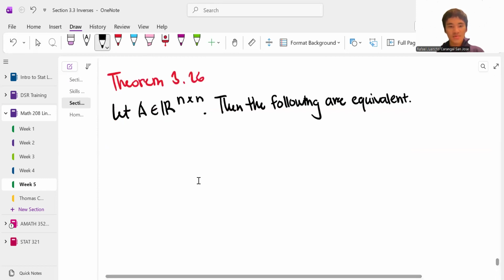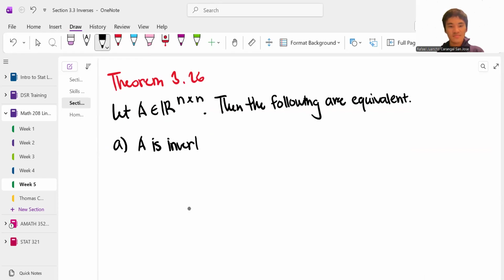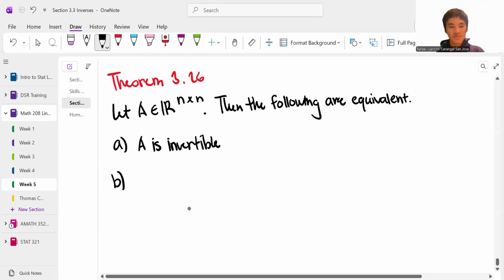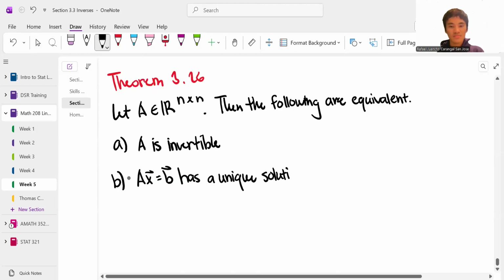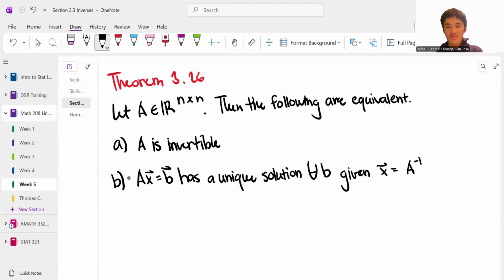Let's look at that. Our first statement: A is invertible. Our next statement: AX equals B has a unique solution for all B. And this is given that X is just the inverse multiplied by that B.